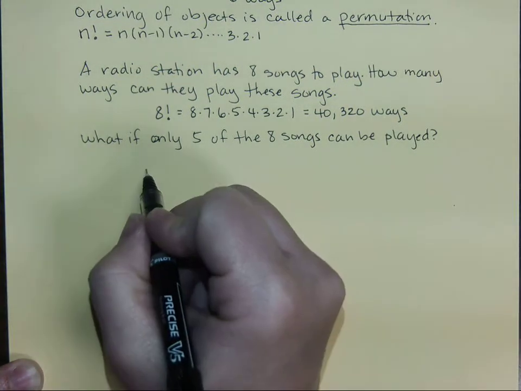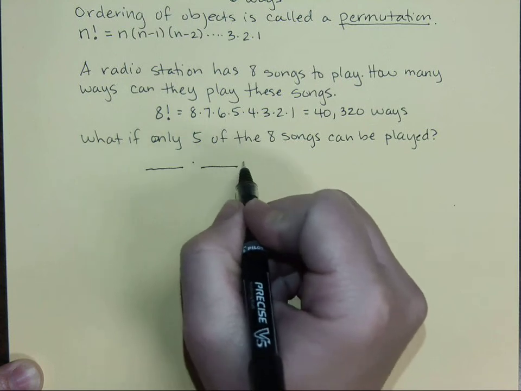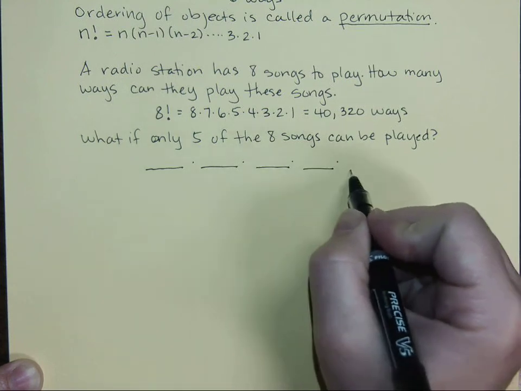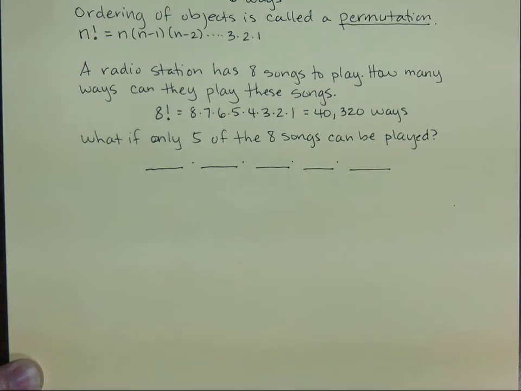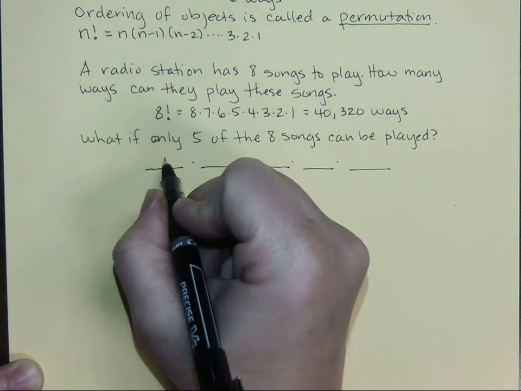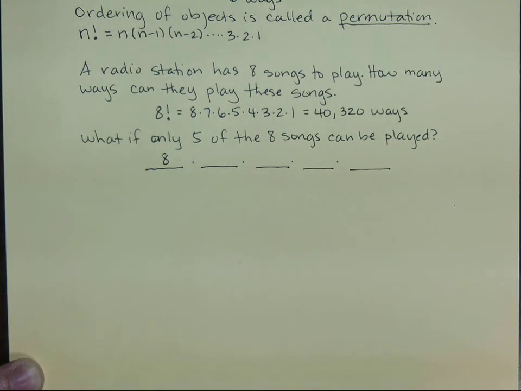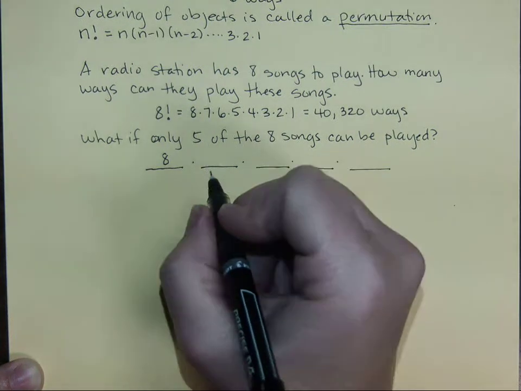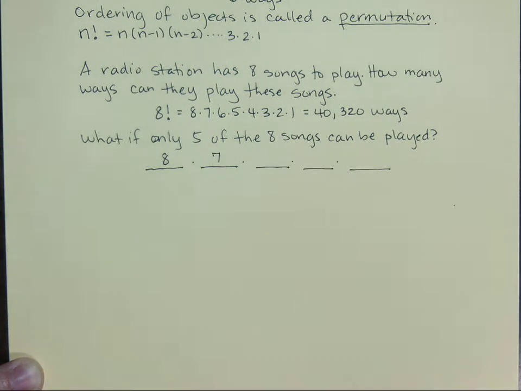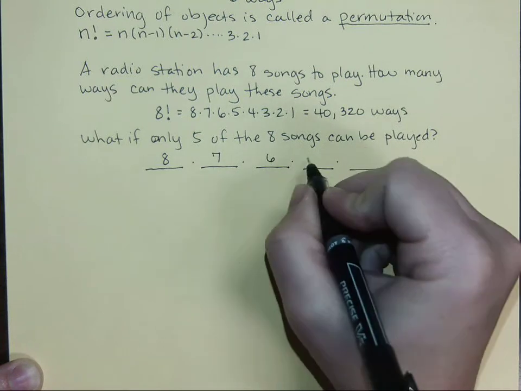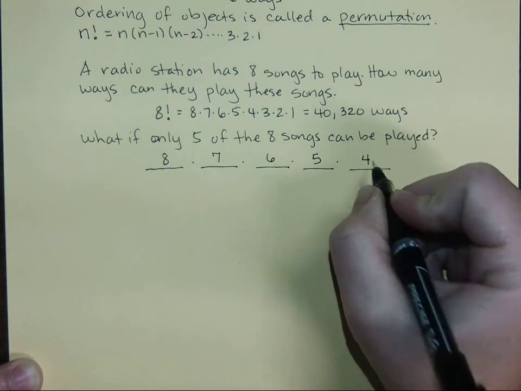Well, now I have 5 options, so I'm going to do these 5 little lines. In the first option, I have 8 songs that I could choose from. Once you play that song, you no longer have that as an option. So for the second song, there's only 7 options, and 6, and 5, and then 4 options.